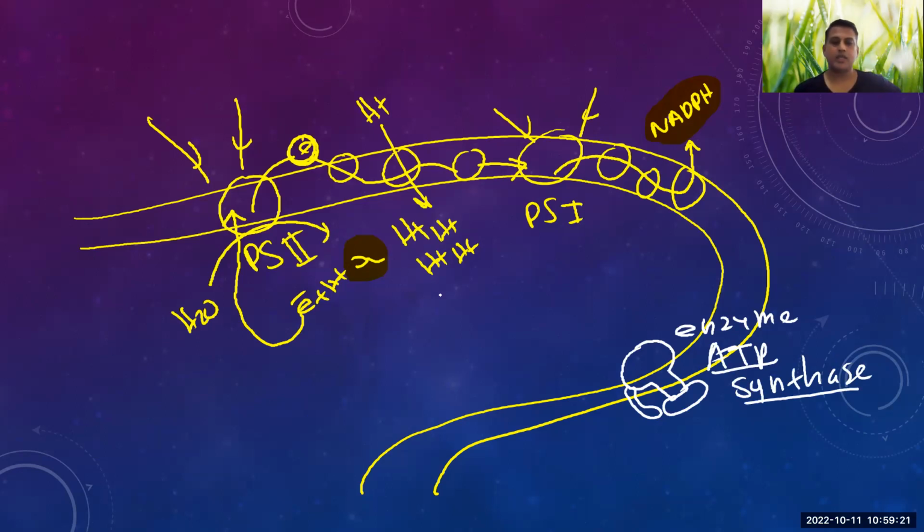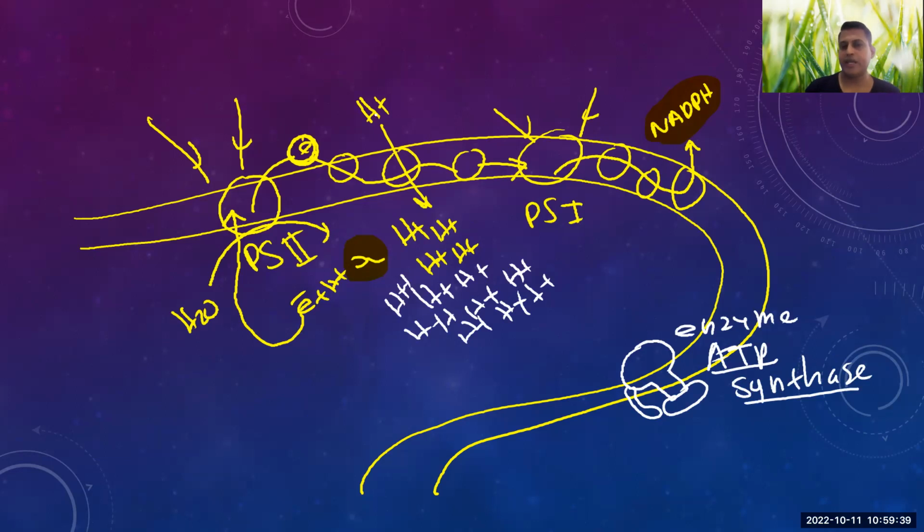Okay, so what is the picture now? A large amount of protons accumulate inside the thylakoid. Outside less, inside high. We use a name to indicate this kind of situation: electrochemical gradient.